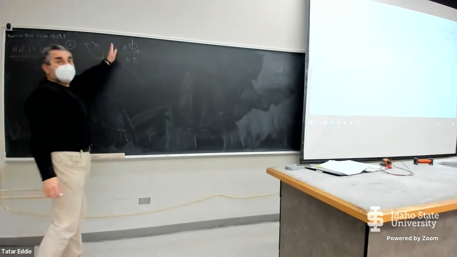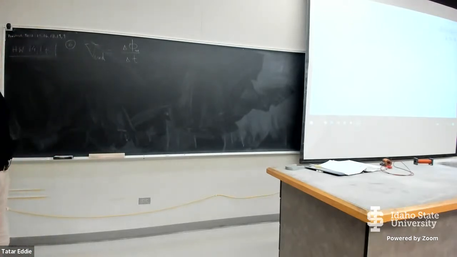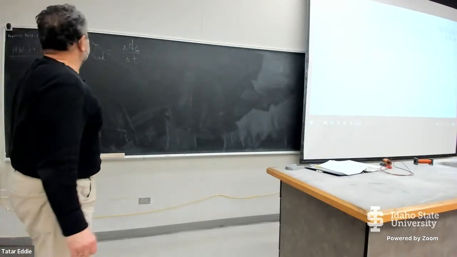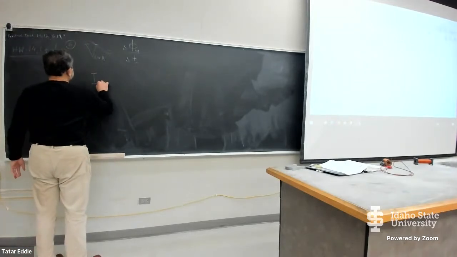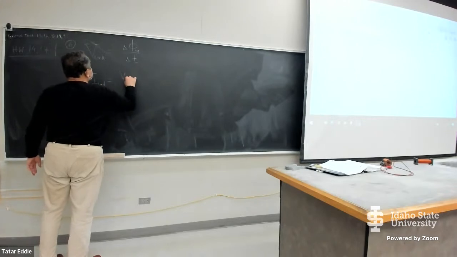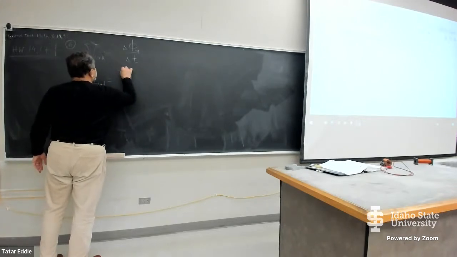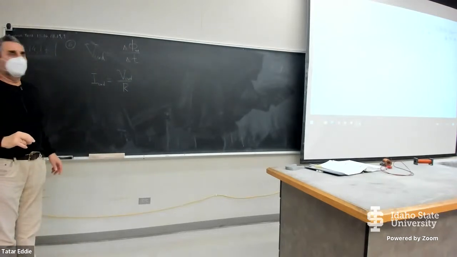The minus sign, again, I skipped, but I'm just looking for magnitude, so that's okay. And they're not asking about induced voltage, they're asking about the induced current, but the induced current is going to be that induced voltage divided by resistance, and the resistance is given.